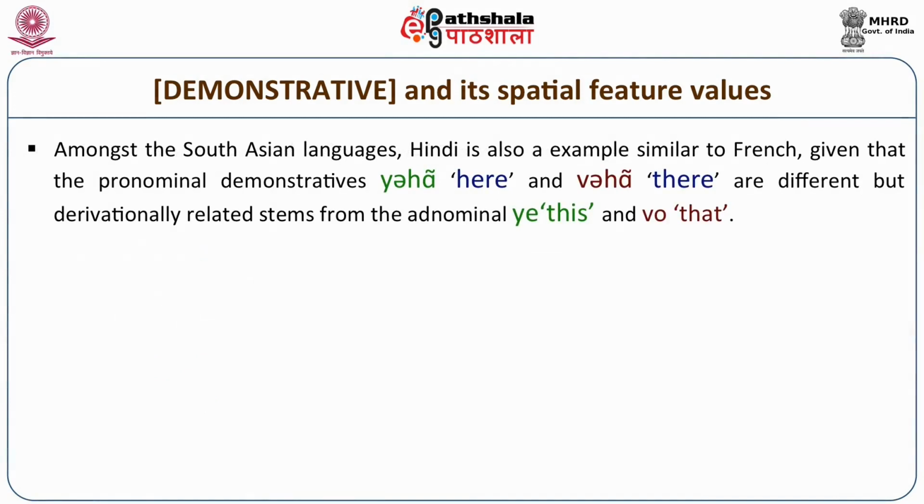Hindi, as a South Asian language, gives us examples similar to French. The pronominal demonstratives are yaha and waha, but they are visibly derivationally related stems from the adnominal ye, wo. Only ye and wo can take an oblique form, yaha and waha cannot.